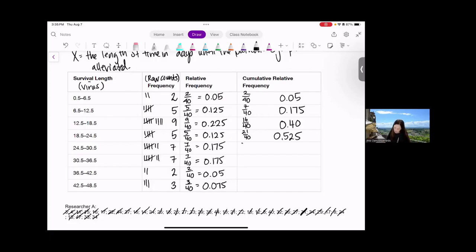Adding another 7 gives me 28 out of 40, or 7/10ths. Another 7 gives me 35 out of 40, 875 thousandths. Adding 2 more gives me 37 out of 40, or 925 thousandths. And then adding 3 more, I get to 40 out of 40 and 1.0, or 1.